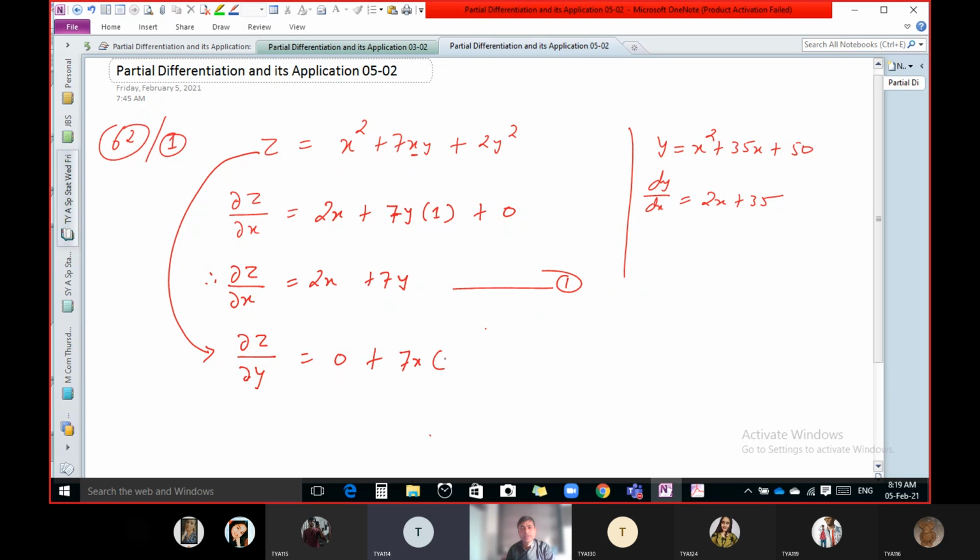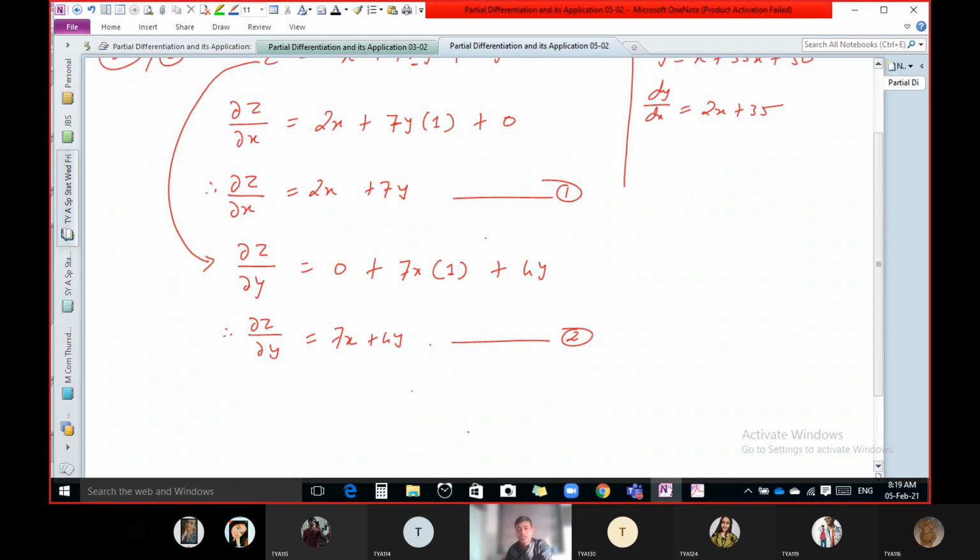What is the derivative of y? 1. Plus, what is the derivative of 2y square? 4y. Perfect. So we get the answer 7x plus 4y. So this is the way to differentiate.